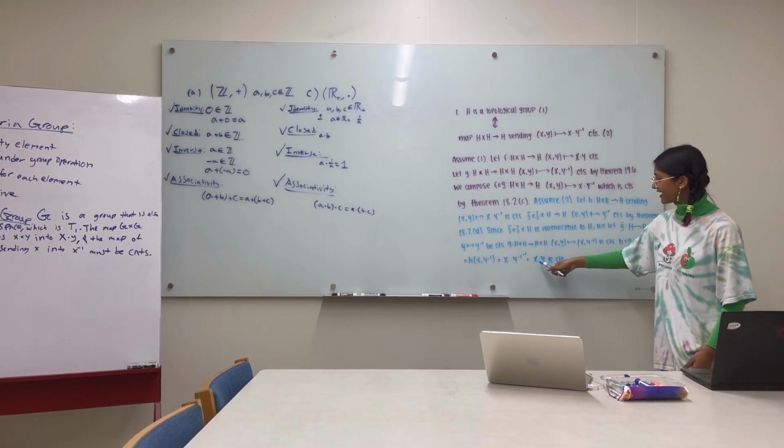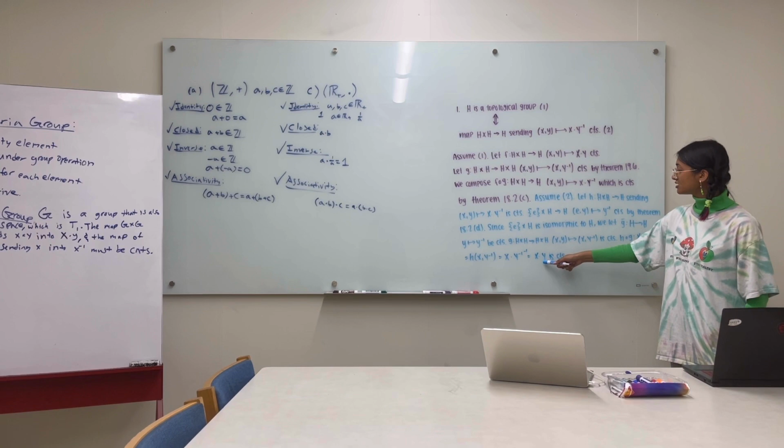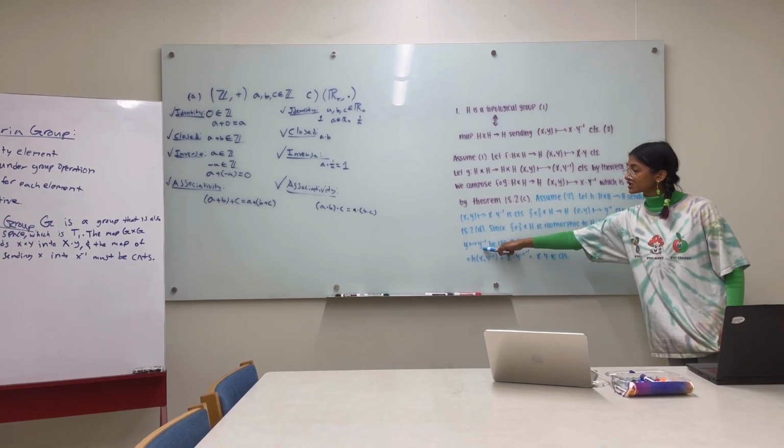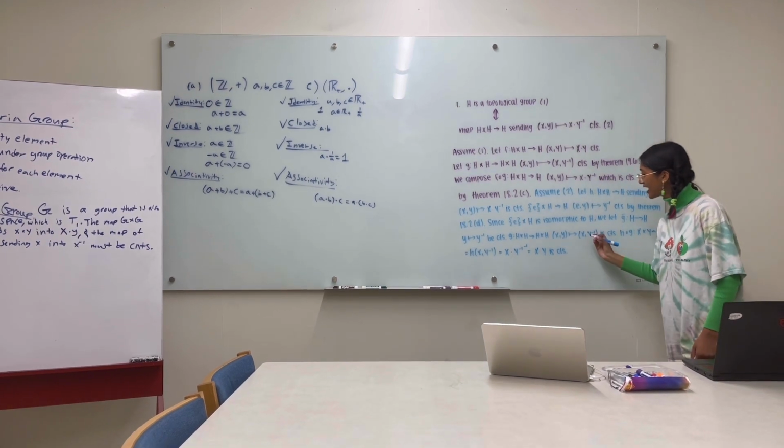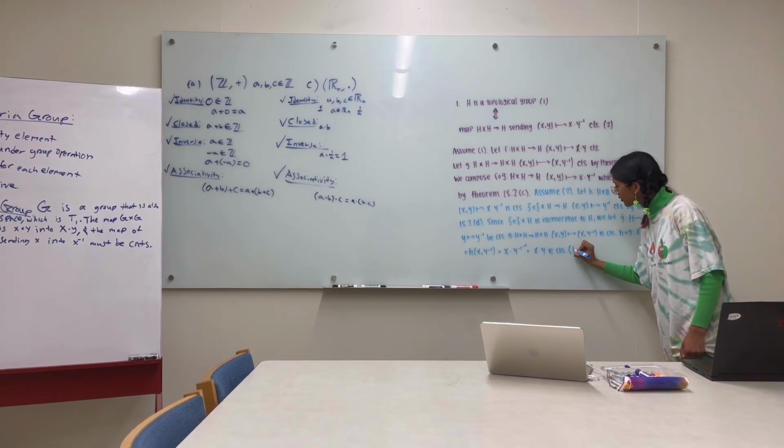And since we've defined both this function that's continuous and this one that's continuous, that's our definition of H being a topological group. So we have 1, and we're done.